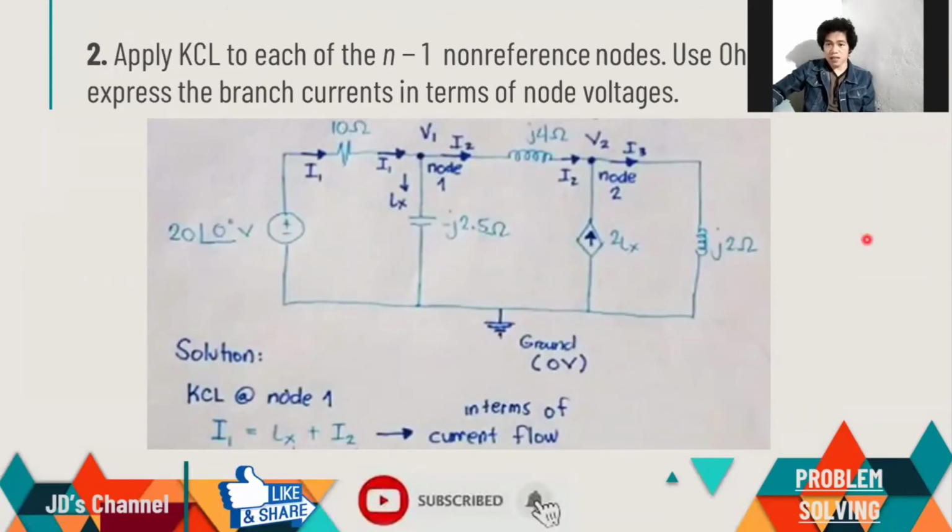Now the next step is to apply KCL to each of the n-1 non-reference nodes. Also use Ohm's law to express the branch currents in terms of node voltages. So let's say KCL at node 1.